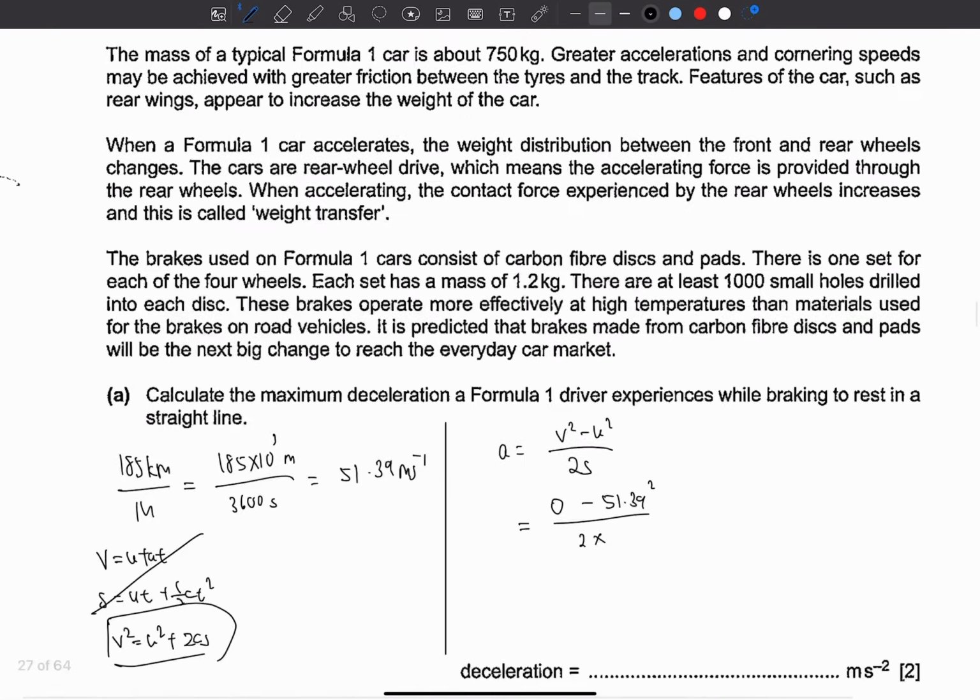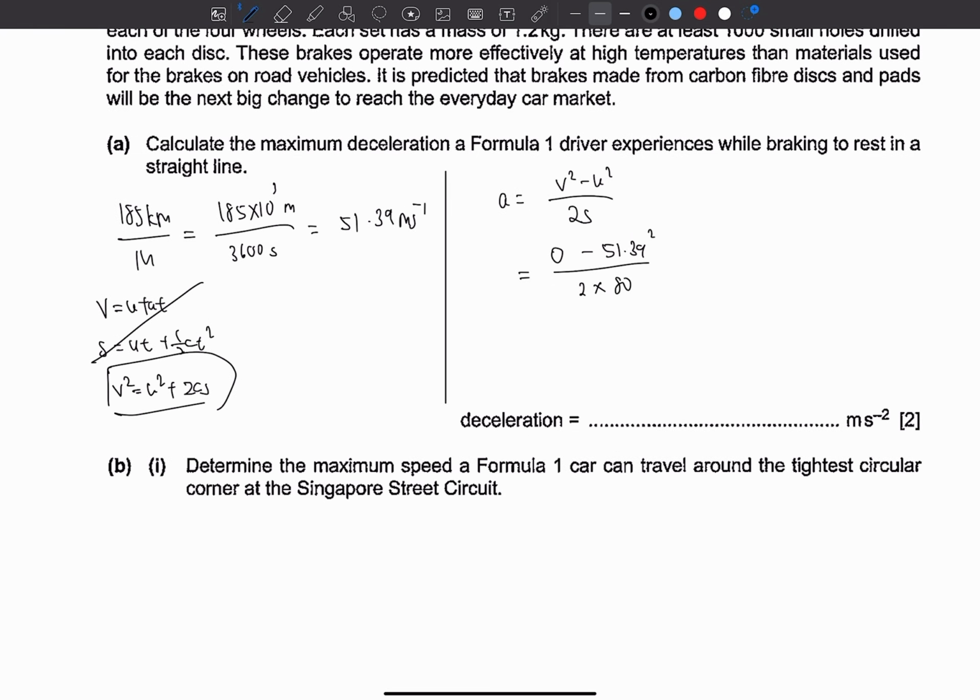Yep, it's 80 meters. And you get an acceleration of negative 16.5 meters per second squared. And in the final answer, we do not include the negative sign, as they want to ask for deceleration, right? So acceleration being a negative value would imply that the car is decelerating.